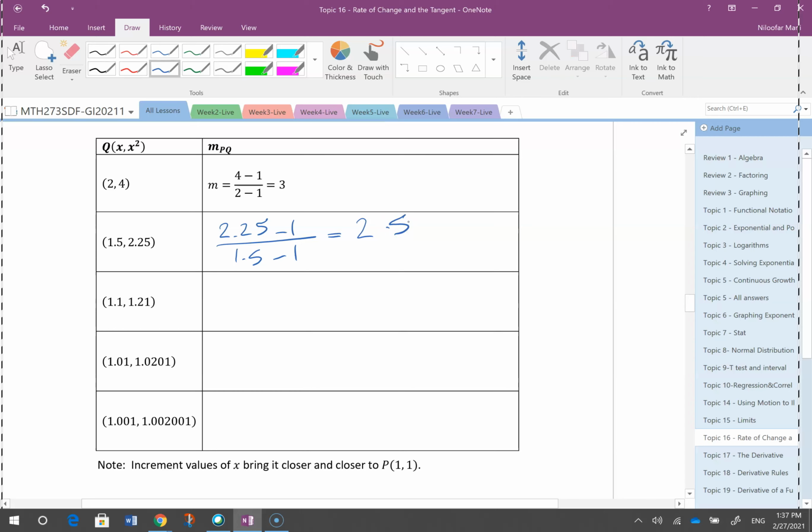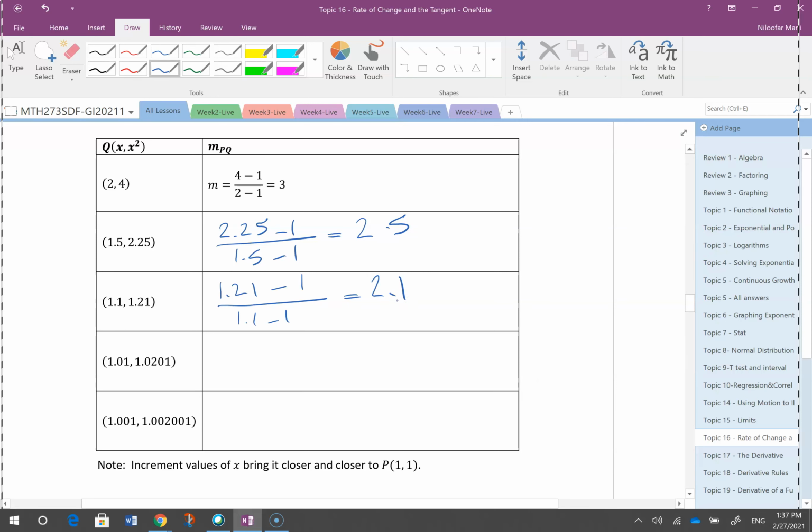Now I continue. I go closer to 1. So 1.21 minus 1 over 1.1 minus 1, which is 2.1. So I go closer.